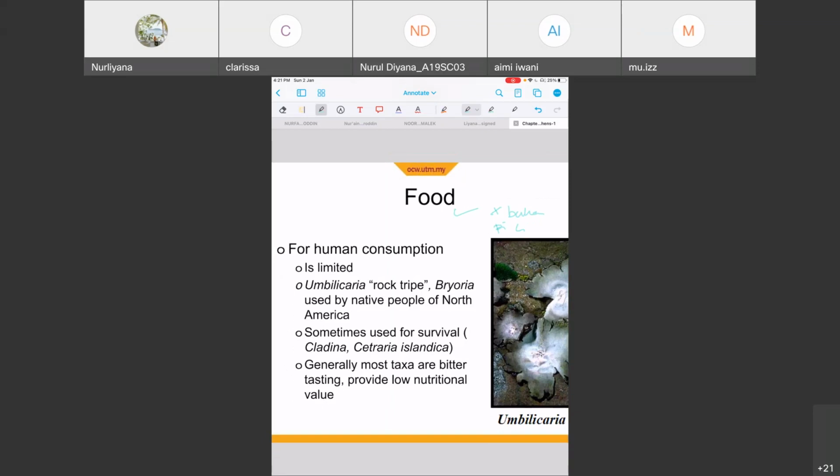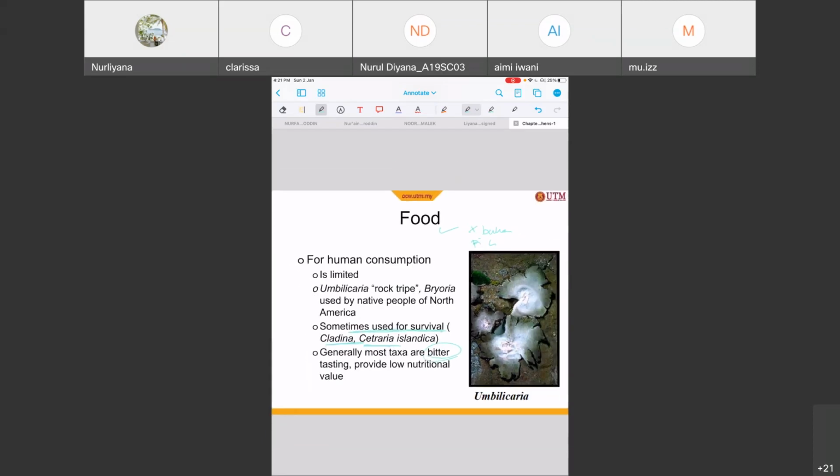Okay, so they use it for survival lah. Sebab tu dia cakap macam Cladina species. This species is not toxic. It can be eaten. Okay, and usually they taste bitter, and they don't really have a nutritional value. So this is not a choice of food lah, because of that tak banyak orang pun nak makan this food.